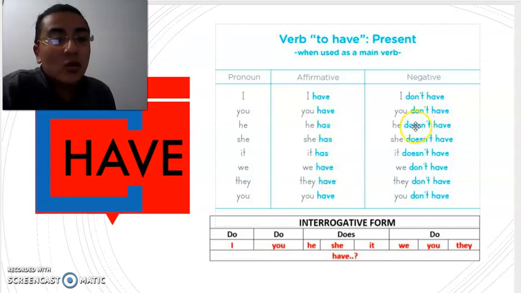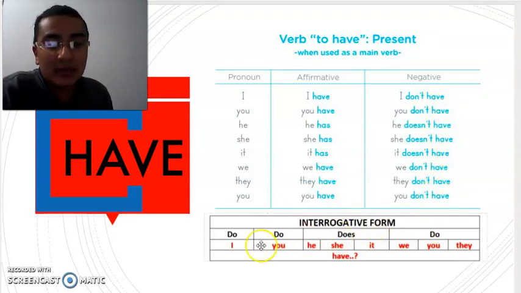Right? What happens in here is that since this is the verb and this is the auxiliary, do or does, it already tells me that it is present. So I don't have to change the verb. In negative form, all are the same. And in the interrogative, it happens the same. I, you, he, she, it, we, you, and they.